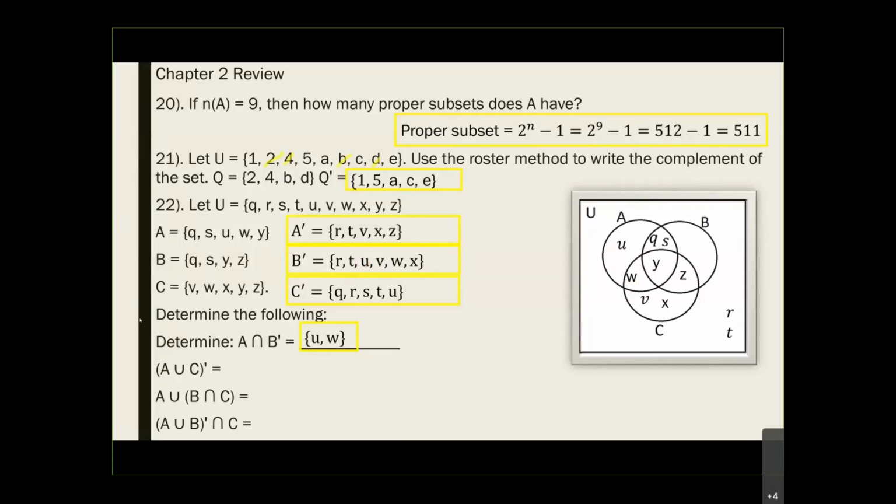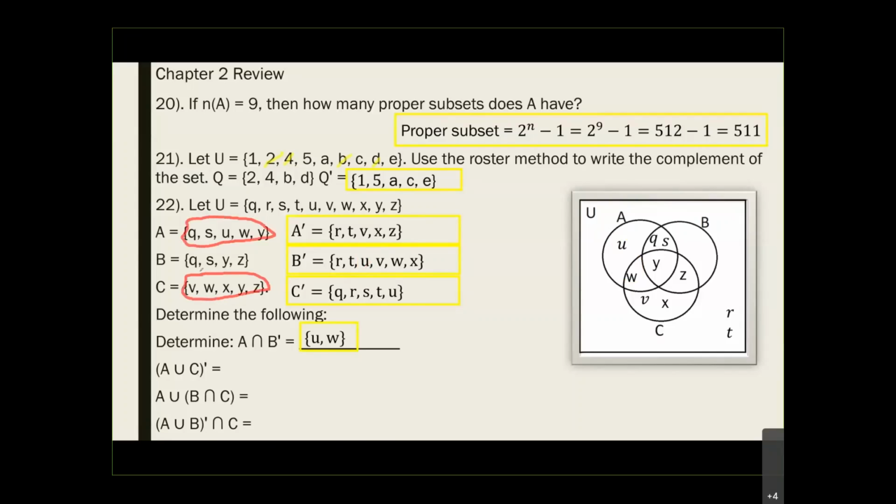What can we do in this case? Find the complement of A union C. Remember, the intersection is what they have in common, and the union tells you to take whatever is in A and combine it together with whatever is in C, right?